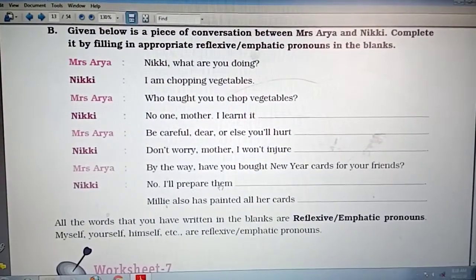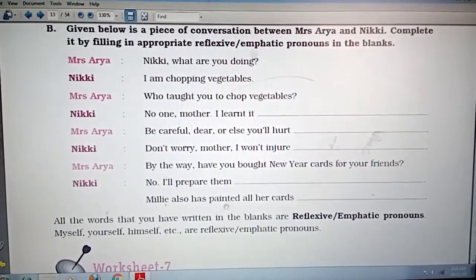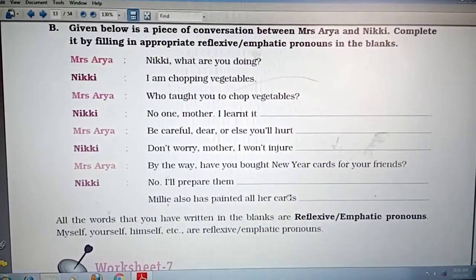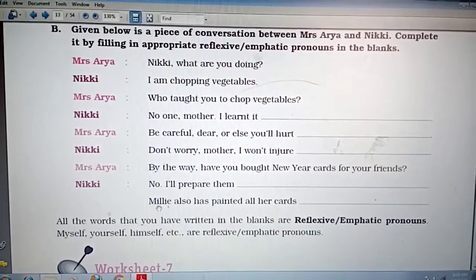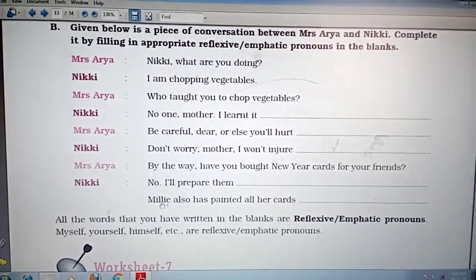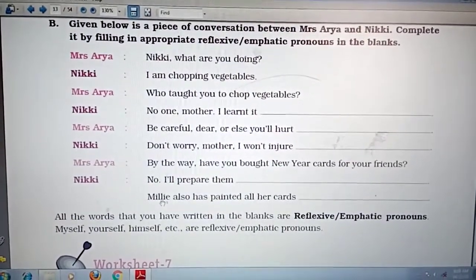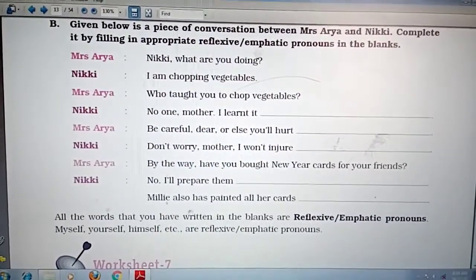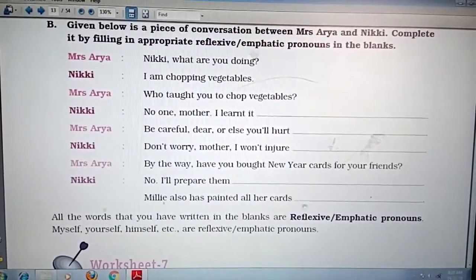I will prepare them myself. Millie also has painted all her cards. We will use she in the place of Millie. So she becomes herself. Millie also has painted all her cards herself.